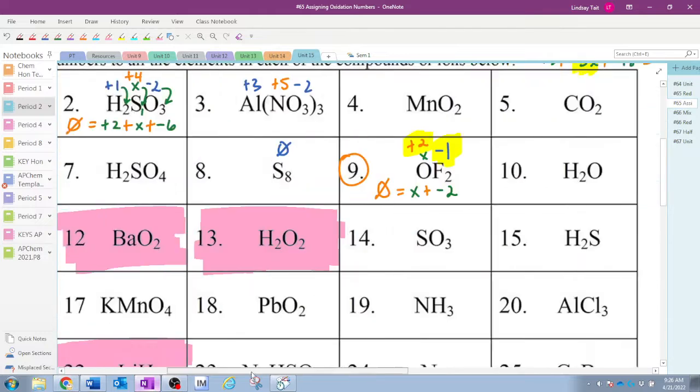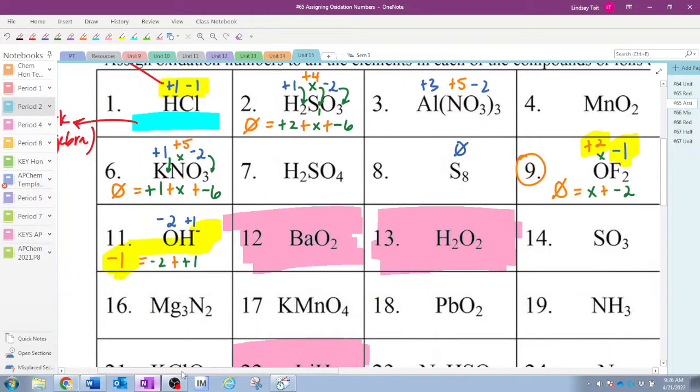If I go down here to number 12, right? Again, since you guys won't catch it at first, I'm going to write it down, but if you're in pen, then you're going to have to scratch stuff out. But if I had assigned this as I had learned them, barium is in group 2, and we know everything in group 2 is +2. We know oxygen is -2, and on the surface that might look like good stuff there. Except there was only 1 barium and there were 2 oxygens. Guys, that's +2 and -4.